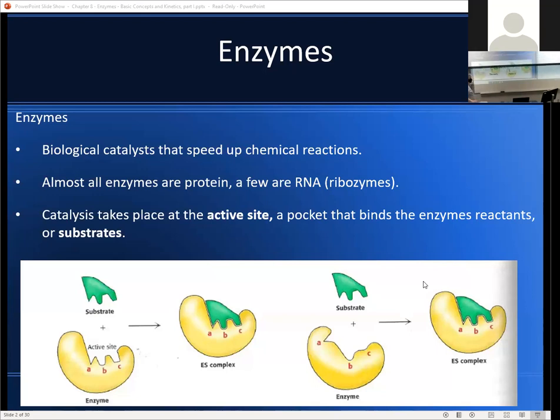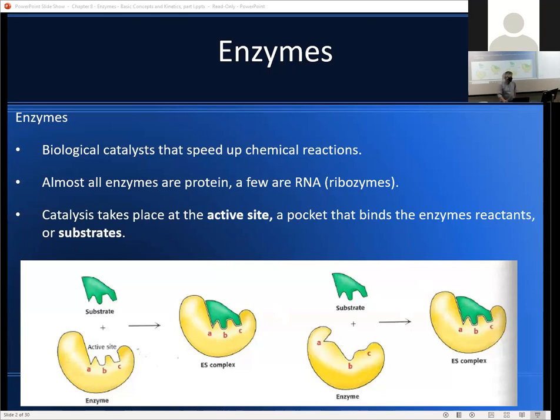So catalysis takes place at the active site, a pocket that binds the enzyme's reactants or substrates. Active sites are a specific pocket or cleft in the enzyme that specifically binds the substrate.